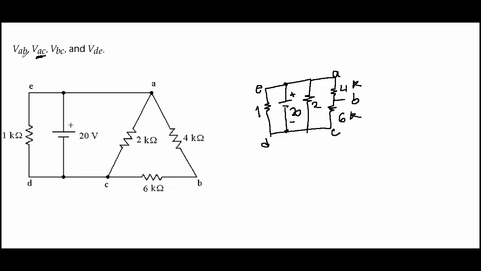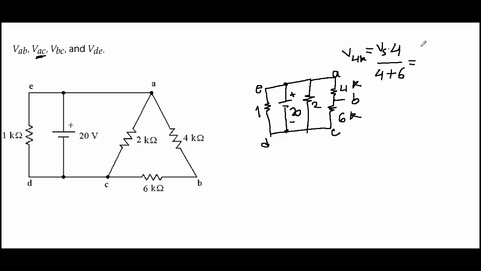Now from A to B, we have a voltage divider. This 20 volts is going to split across these two resistances, and we can apply the formula: the voltage across the 4 kilo ohms equals the total voltage on the branch, which is V source, times the resistor that we are looking for over the total of the two resistances, that is 4 plus 6.